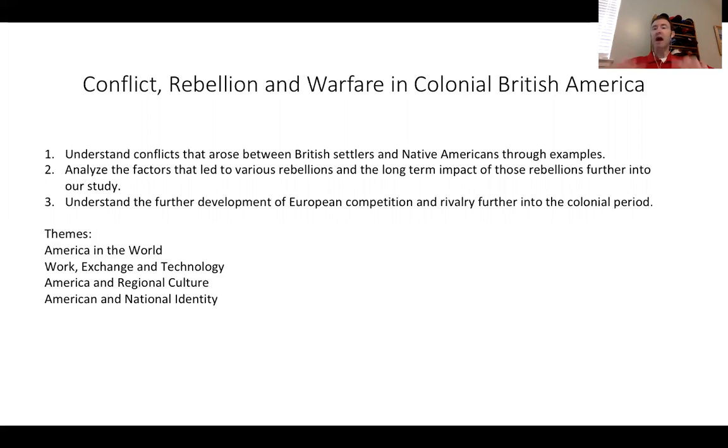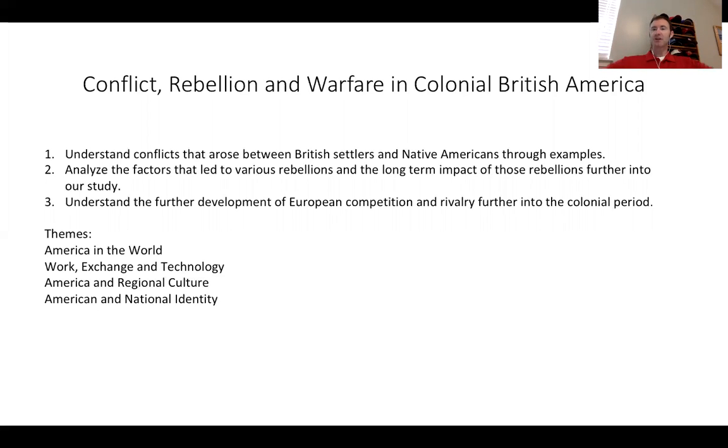That'll be the stopping point of this unit and the starting point of the next unit. But we obviously want to understand that this idea of rivalry, competition, whatever word you want to use for it, is very much further developing in this time period between not just the British and the French, but also other European countries and powers, of course.